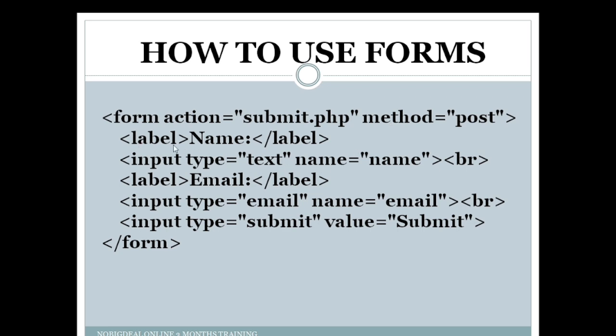Then the second tag here, label. Label is used in describing what users want to type. You cannot just open a form without indicating that the user should type name. You cannot just open a form without indicating a user to type age. So label indicates that this particular line is for name.